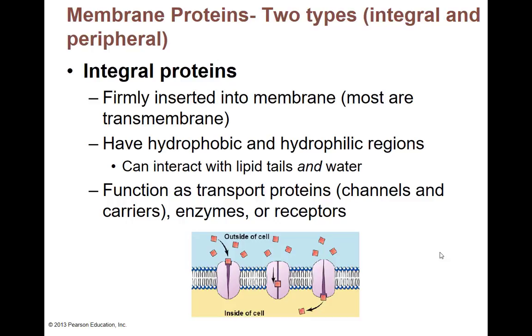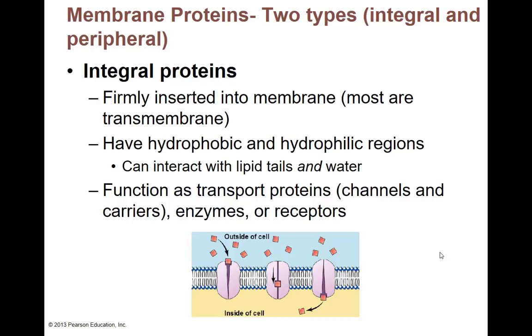Because they hang out in an area where you have polar heads, and because they also have to hang out with these fatty acid tails, the proteins themselves have hydrophobic regions and hydrophilic regions so that they can insert themselves. The hydrophobic region likes to hang out with the hydrophobics, and the hydrophilic regions like to hang out with the hydrophilic heads. So the protein itself changes a little bit in its own structure just so it can fit in there and stay in there.